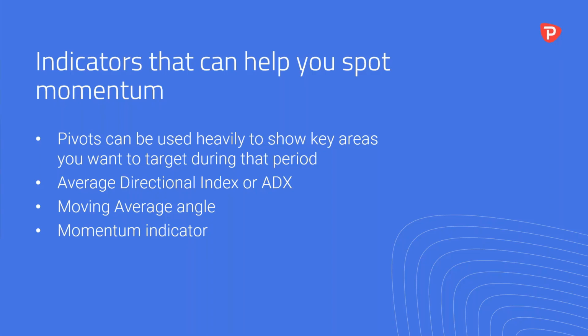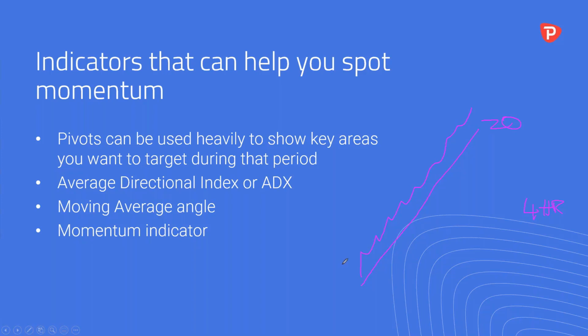Okay, so with moving average angles, you're really getting a lot of information from the particular time frames that you're looking at. If we're looking at, say, a 4-hour chart or a 1-hour chart, and we're using the 20 moving average as our basis for determining how strong the trend is, the angle of its ascent or descent, depending on which direction the trend is going, is pivotal to tell us how much momentum is working in your favor.